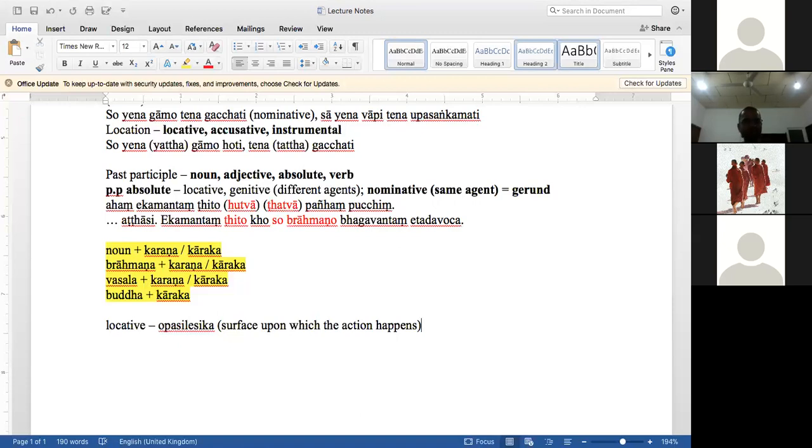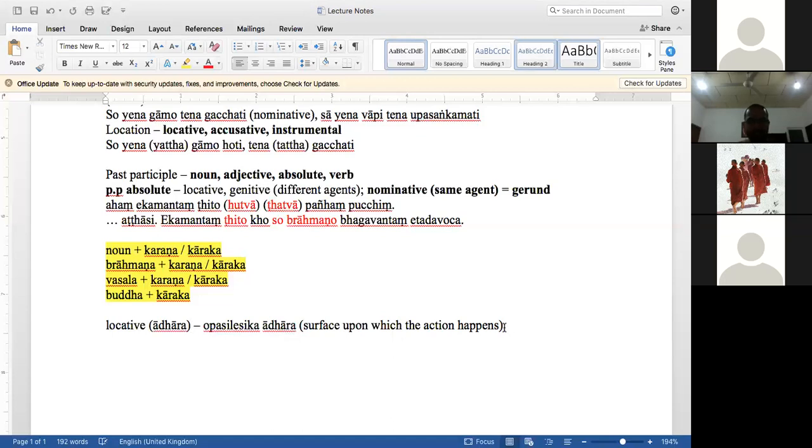If we stand upon the ground, there is bodily contact. If something depends on something with that kind of physical contact, this is called Upasilesika Adhara. Locative here means Adhara, normally referred to as Okasa in Kaccayana. The example is someone sitting on a chair.